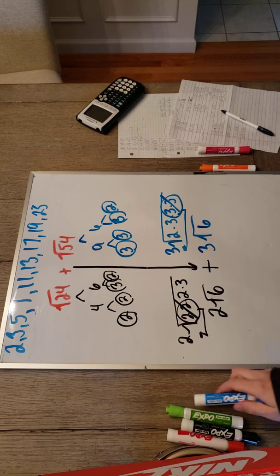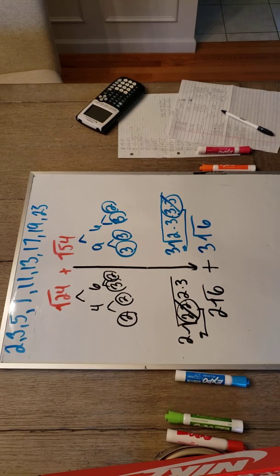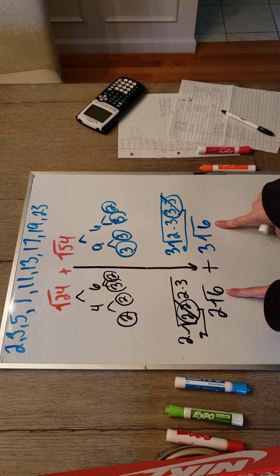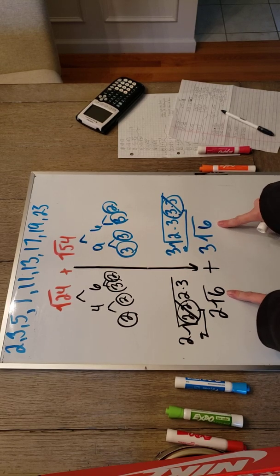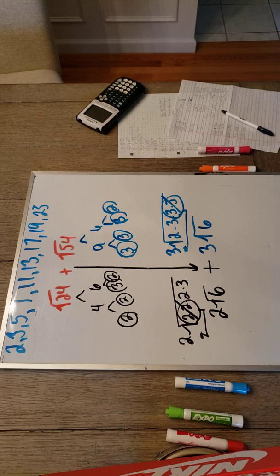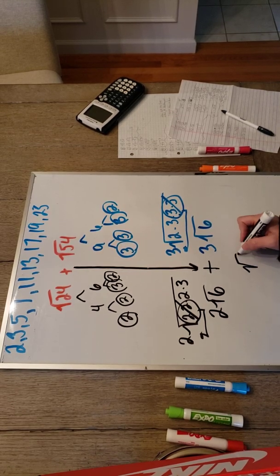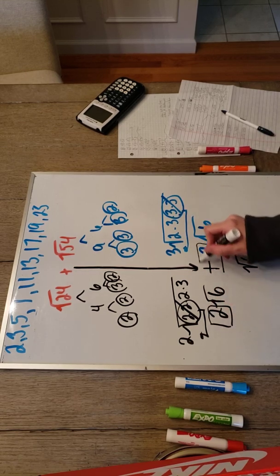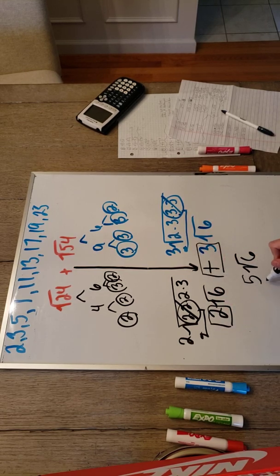Now, if you notice and you look under your radical symbols, the numbers are the same. Isn't that crazy? Well, that's why we just broke them down. So from yesterday, you know that you can drop down the root 6 and then do 2 plus 3, which is 5.